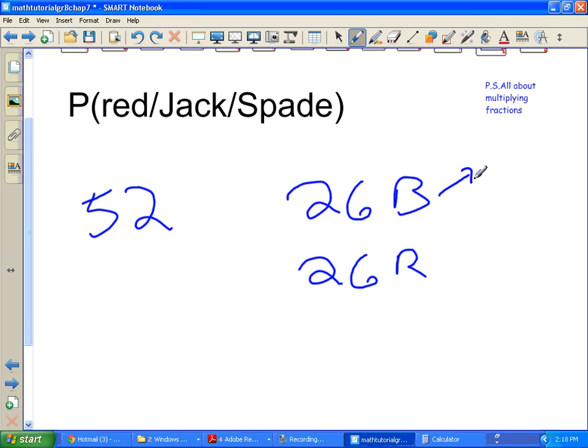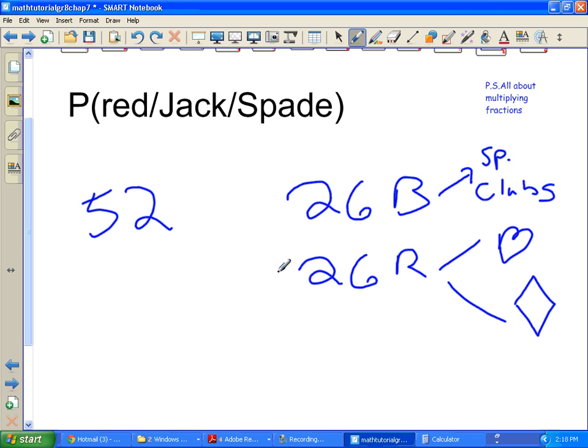Remember, the black ones are called spades and clubs, and of course, the red ones are hearts and diamonds. So half of them are red, half of them are black.